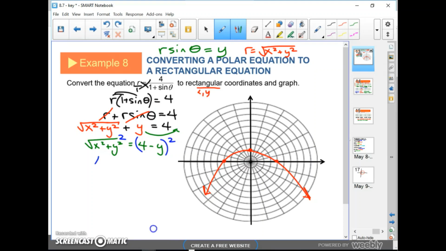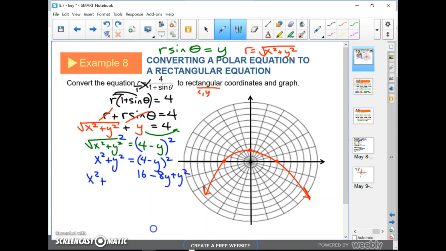So squaring both sides, I've got x squared plus y squared equals, and I'm not going to FOIL that out. I would just leave it as 4 minus y squared. Actually, let's go ahead and FOIL that out. That's going to be 16 minus 8y plus y squared, once you FOIL that out.